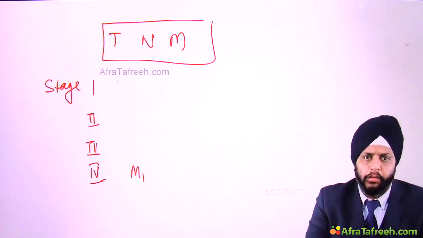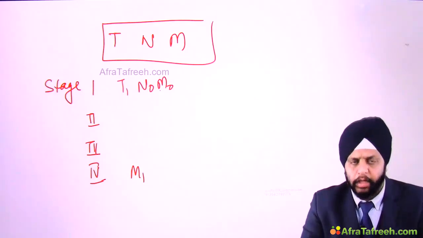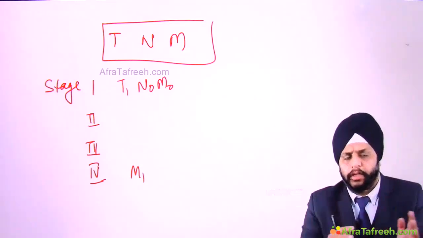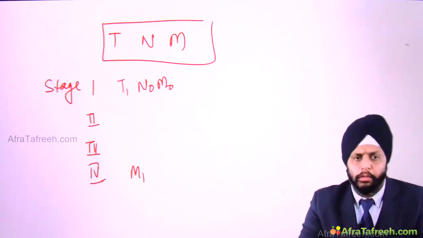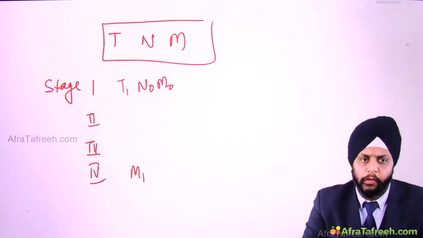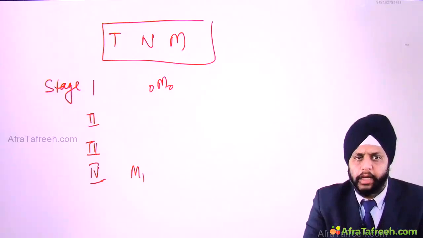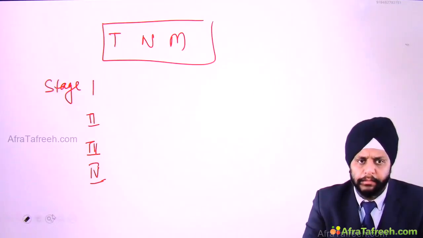If it is T1, N0, M0, it will be stage 1. Okay, so like that we have different combinations and permutations, and we can classify into different stages. I don't want to load you up with knowledge which will not be useful in the exam, but let's understand one thing. What treatment will you advise in stage 1?